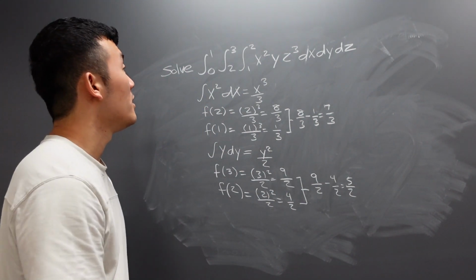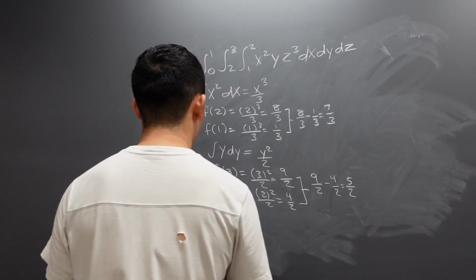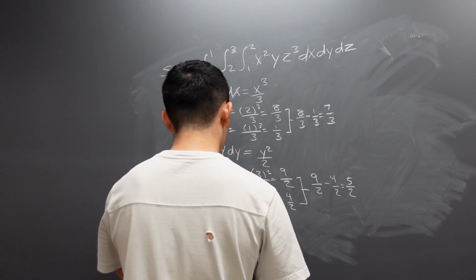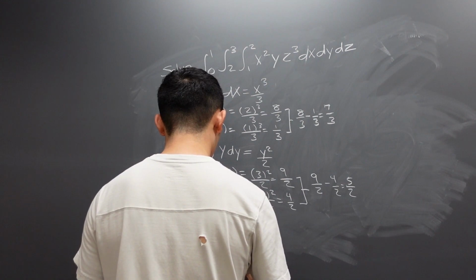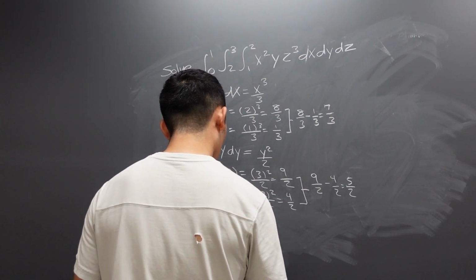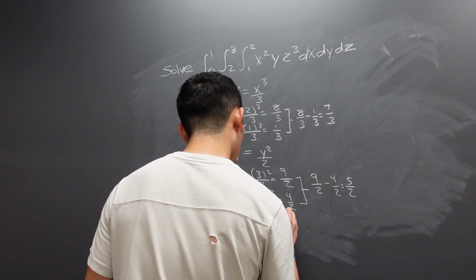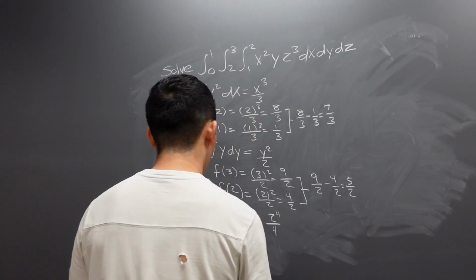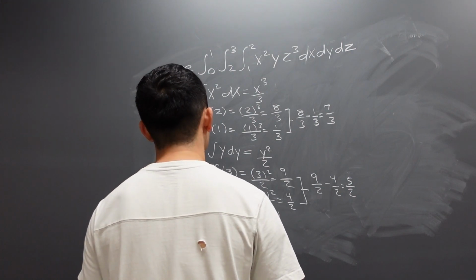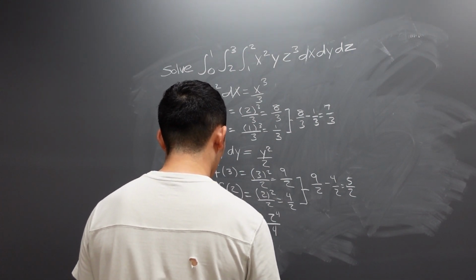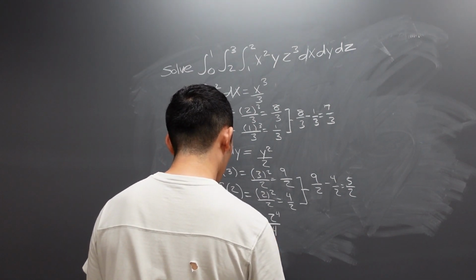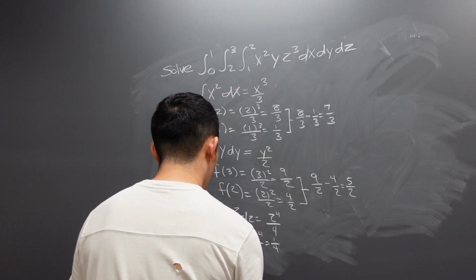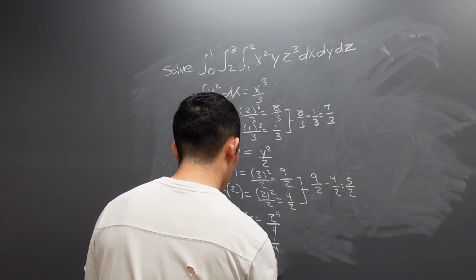And now let's take the integral with respect to z. That is z to the fourth over 4. And let's state the boundaries of that. At 1 and at 0.